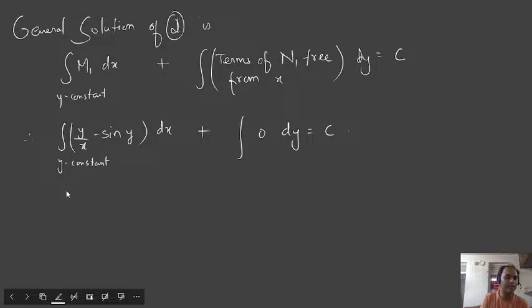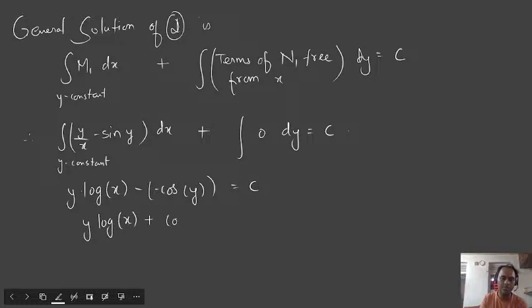Now let us integrate. Y is constant, 1 upon x, integration is log x. Integration of sine is going to be minus of cos, so minus of cos here equals to c. Now y log x plus cos y equals to c is our answer in this.